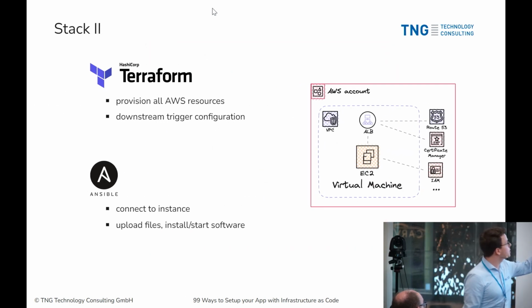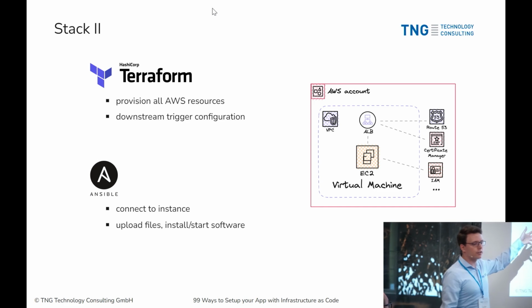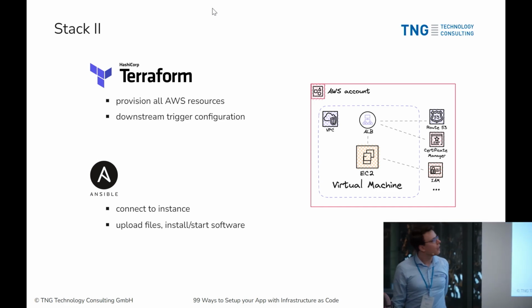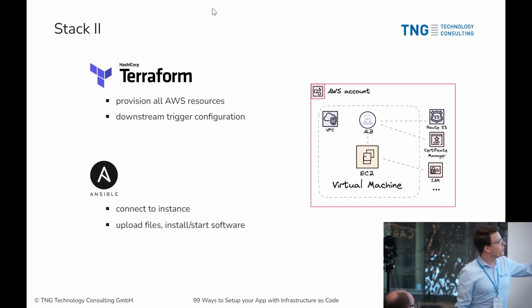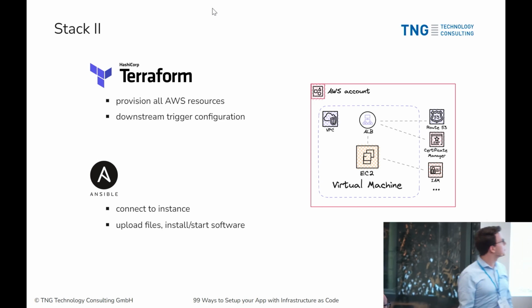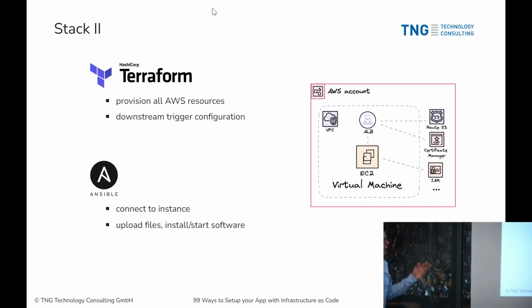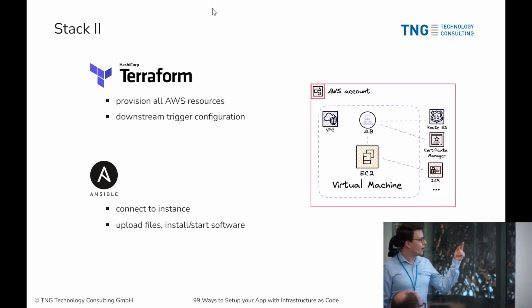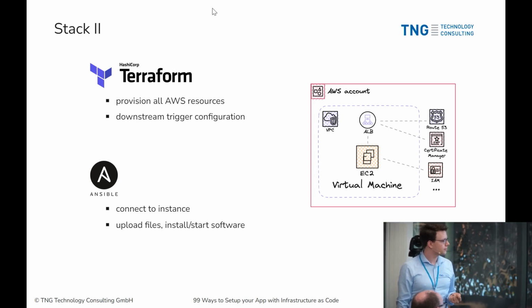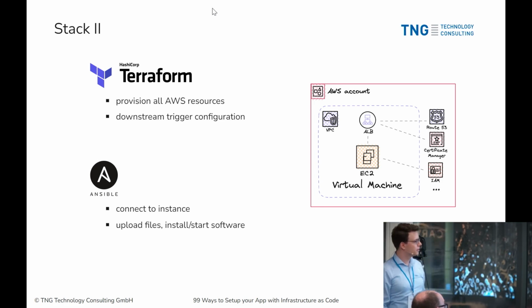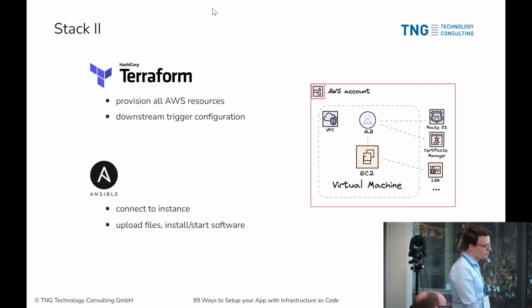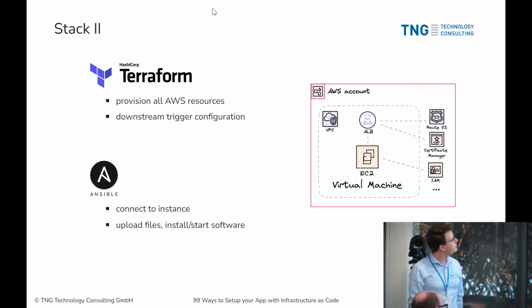What we did here is we used a stack of two technologies. We used Terraform, the industry standard, to provision all the resources you see here on the right-hand side. And then we downstream triggered Ansible from there. Right, so when the EC2 instance is deployed, Terraform will trigger an Ansible playbook, actually in this case for this presentation, which is running right now in AWS, in the TNG playground.